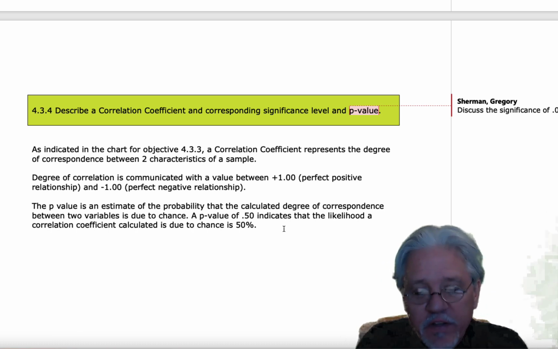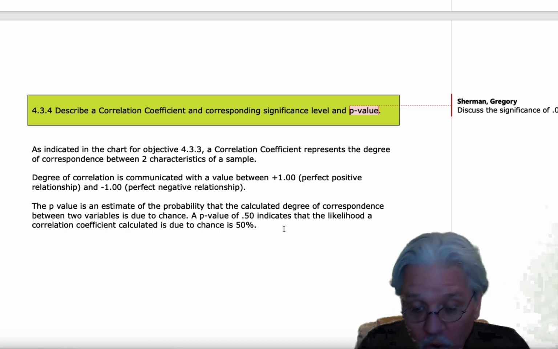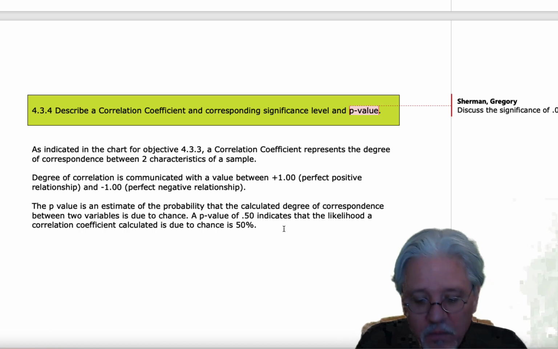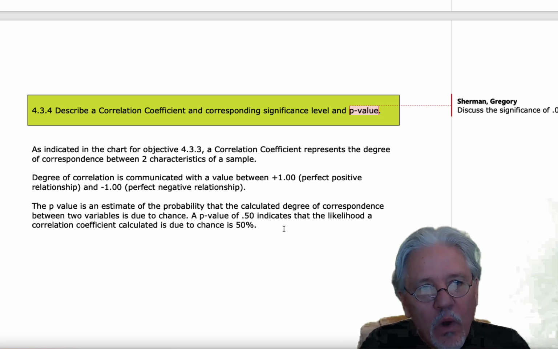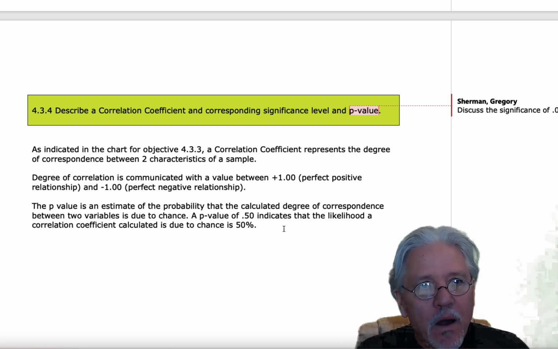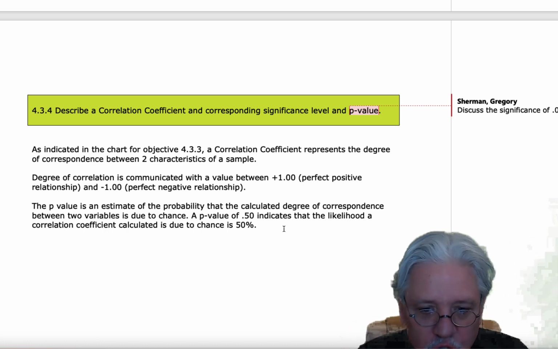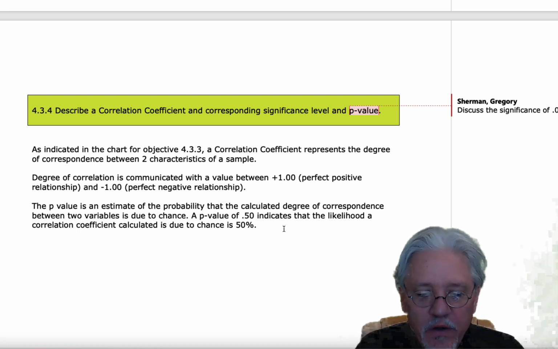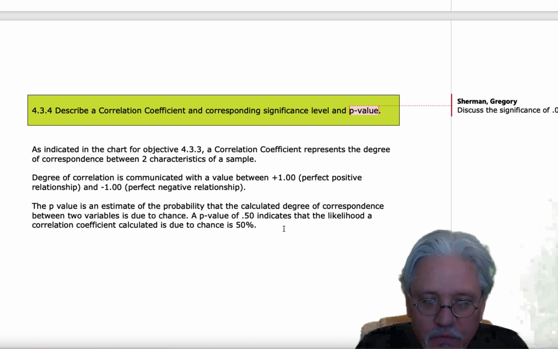If you observe a difference between scores between two groups, there's always a chance that any difference is due to chance. But statistically, you can analyze data and you can determine at what level of surety we have that any differences I observe between data sets are not just due to chance. And that's what the p-value is.